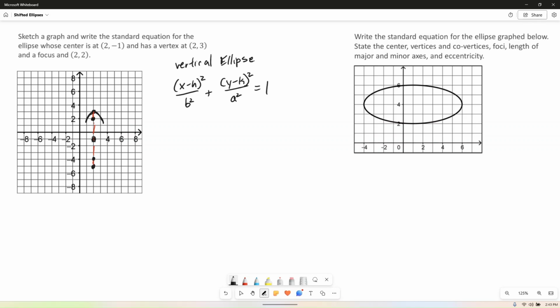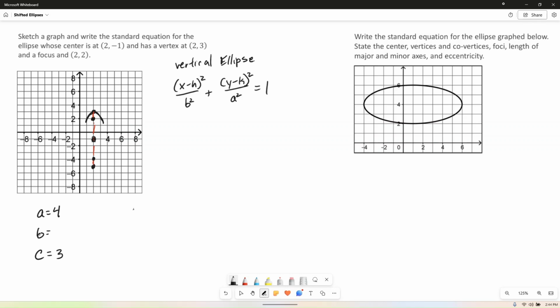I already know that a is the distance from the center to the vertices, which is 4. I don't know b yet, and we need to find that to write my equation, but I do know c. C is the distance from the center to the foci, which we already saw was 3. So if I know a is 4 and c is 3, how do we find b?